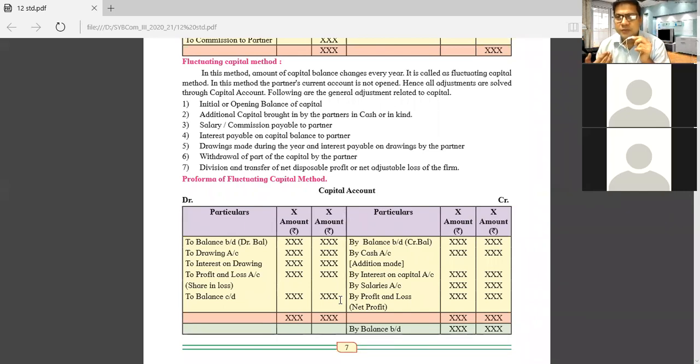Sometimes in the question paper they may ask for a short note on the fixed capital method and fluctuating capital method. They can ask a 5 marks short note, or a 10 marks big question: discuss fixed capital and fluctuating capital. Such questions may come in your exam, so you should know how to write the answers.